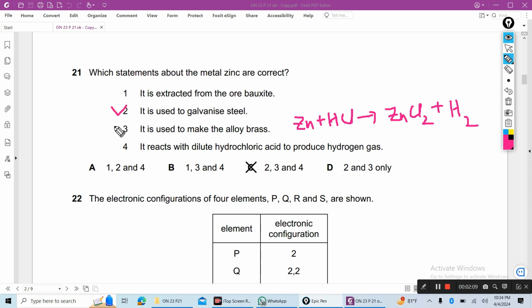So 2, 3, 4 are the correct answer. That's why C is the correct answer.